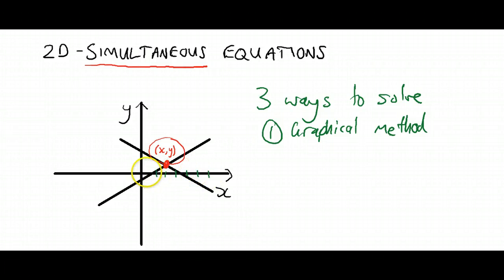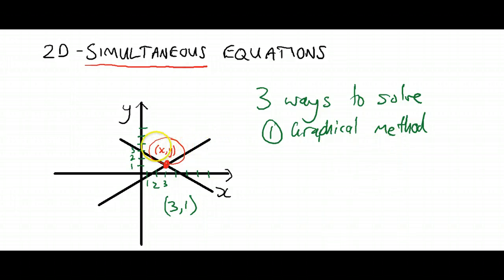So if I had the scale on these axes, so this is 1, 2, 3, and this is 1, 2, 3, then I can make an estimation that the coordinates of that point are about x is about 3, and y is about 1. So I've just solved this using the graphical method.